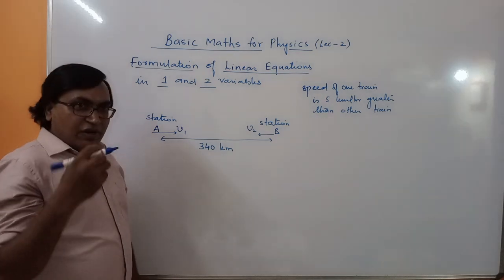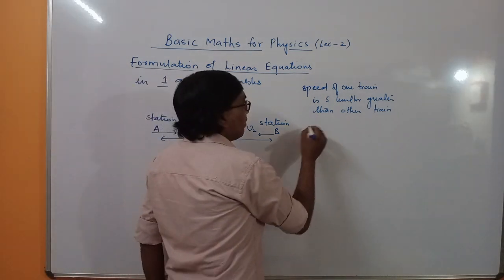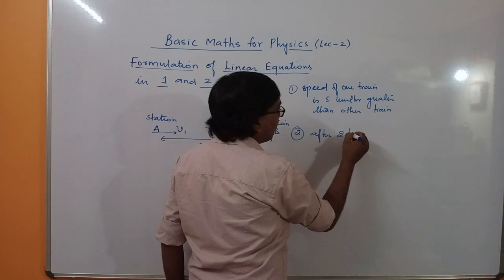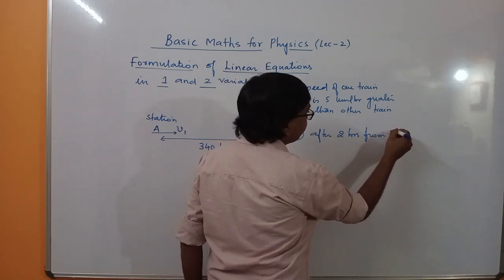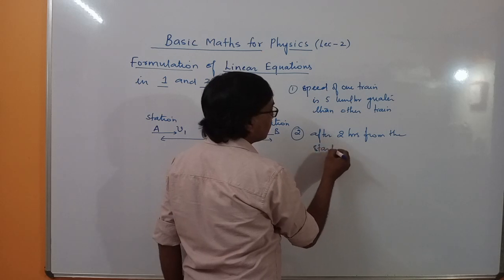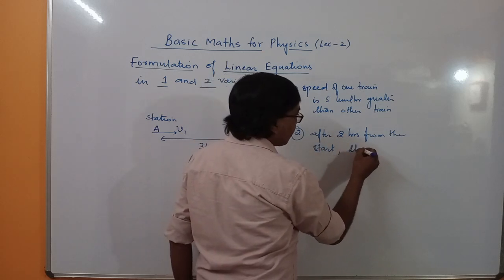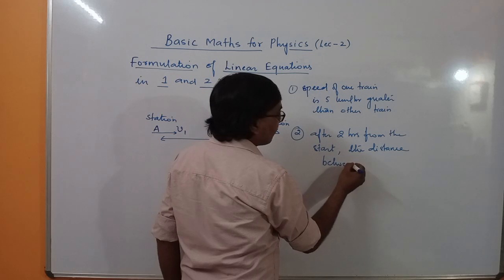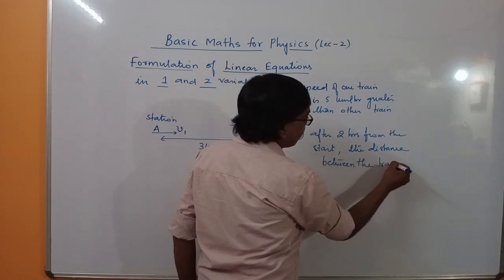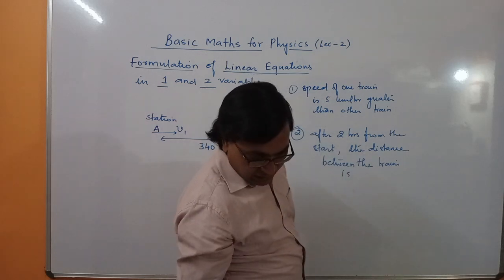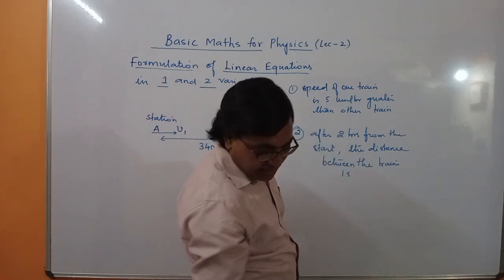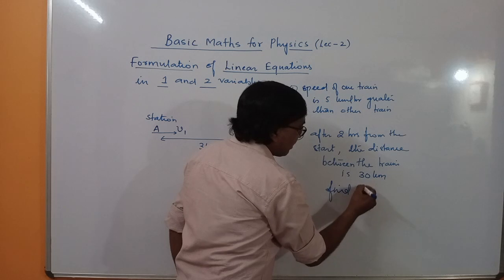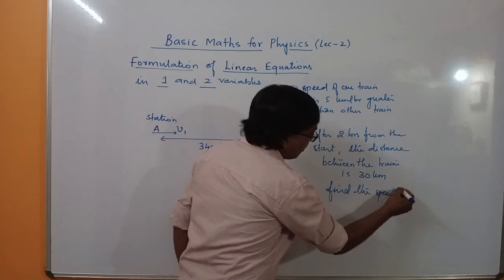Fine. So now one more piece of information is given. The second information is that after 2 hours from the start, the distance between the two trains is 30 kilometers. So find the speed of the trains.